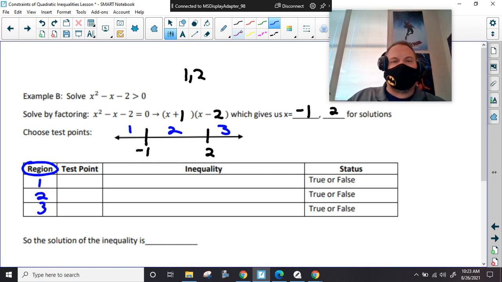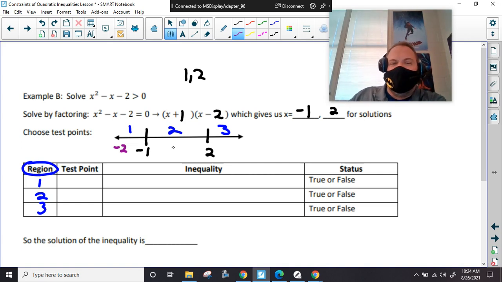All right. So let's pick our test points. All right. What is a number less than negative 1? Negative 2. Yes. Some people are like, negative 50,000. Why would you try to make that hard? They are right, but this is also the same people that get scared of big numbers. Yes. All right.